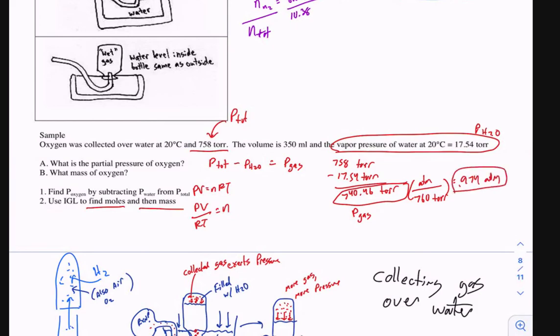All right, so we got our atmospheres, the volume 350 divided by 1,000, 0.35 liters. Temperature was given, 20 degrees, so that's going to be 293 Kelvin.